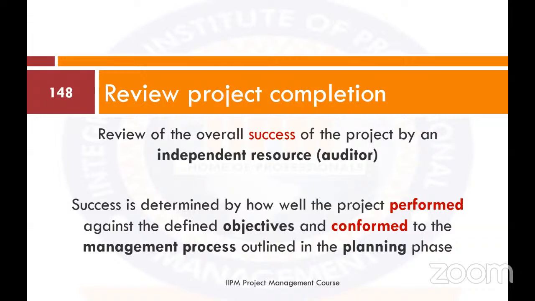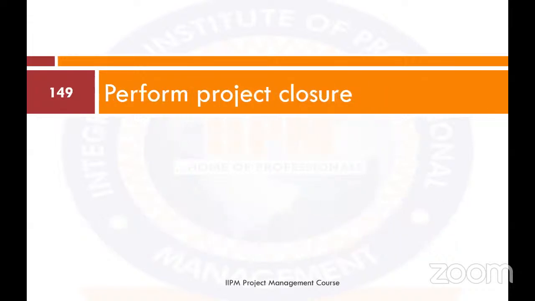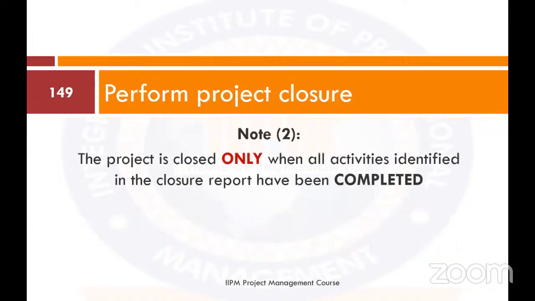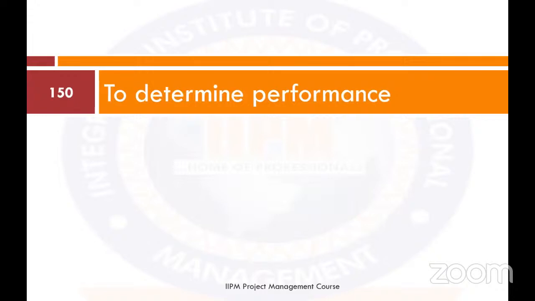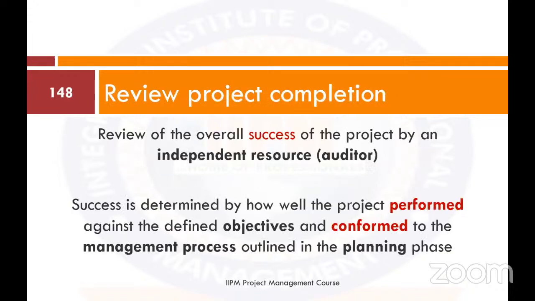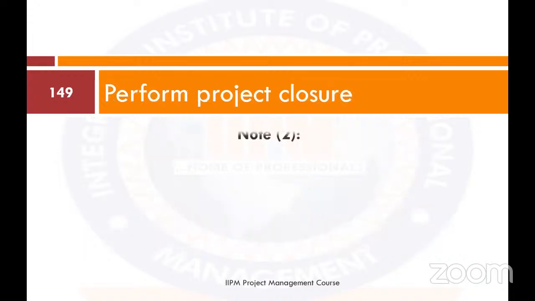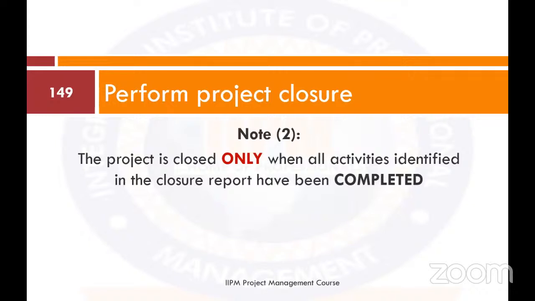Now, a review of the overall success of the project is done by an independent resource, like an auditor. Success is determined by how well the project performed against the defined project objectives and conformed to the project management process outlined in the planning phase. Project closure continues. The project is closed only when all activities identified in the closure report have been completed.